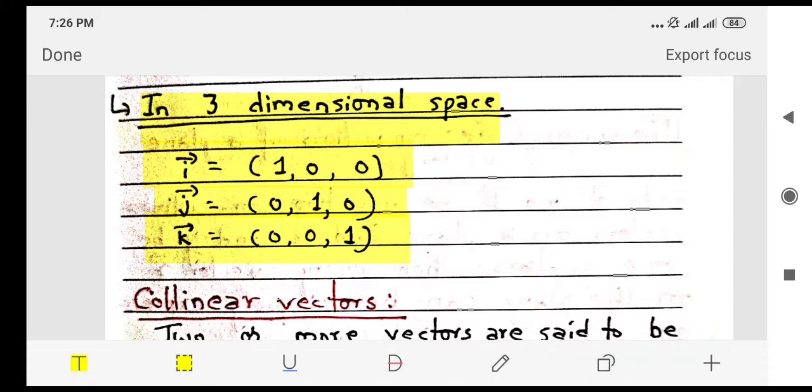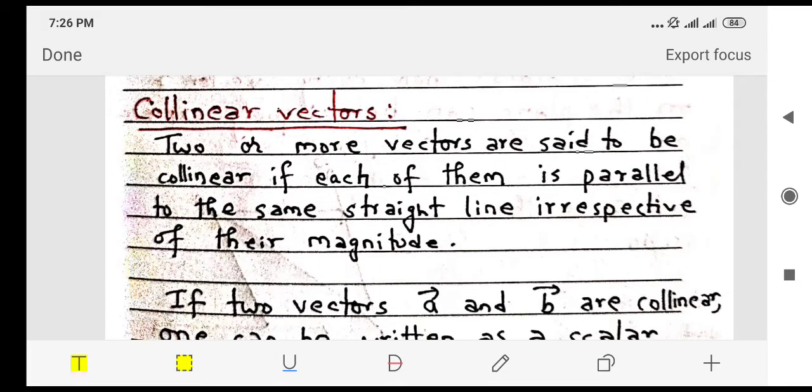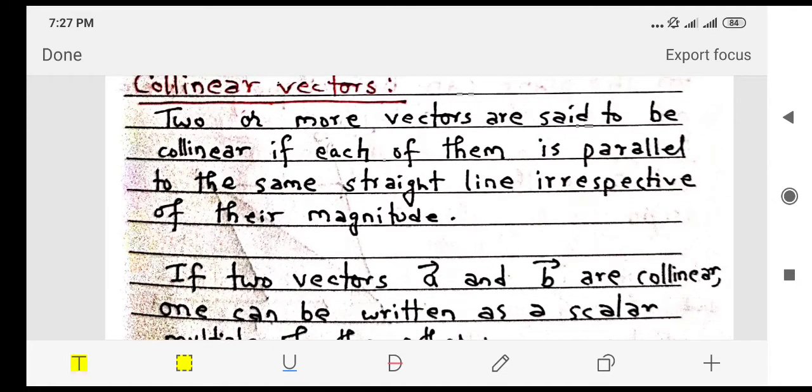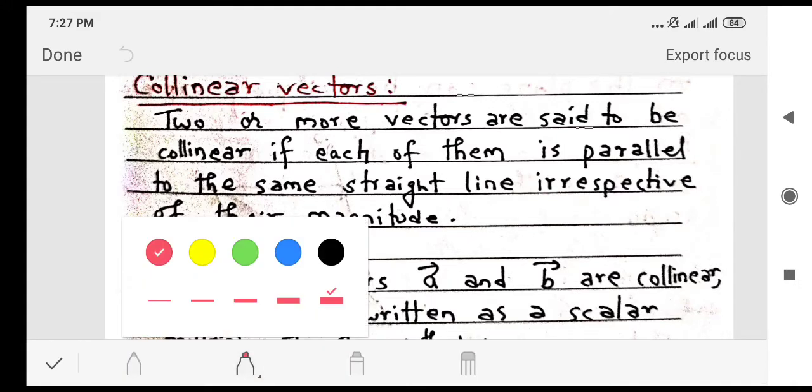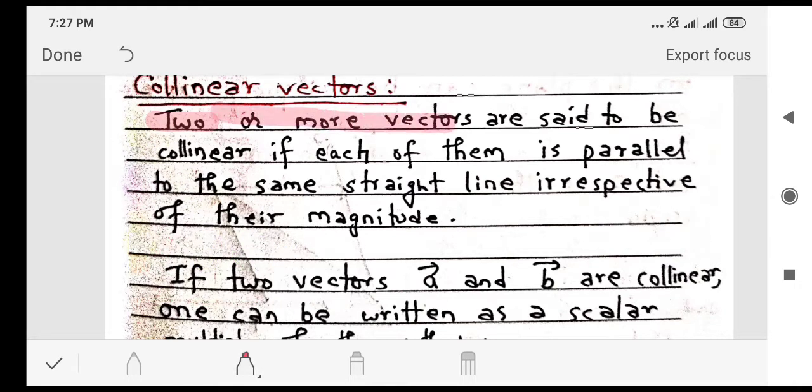Now let's move ahead. Now collinear vectors. So let's deal with collinear vectors. What type of vectors are called collinear vectors in vector geometry? Two or more vectors are said to be collinear if each of them is parallel to the same straight line irrespective of their magnitudes.